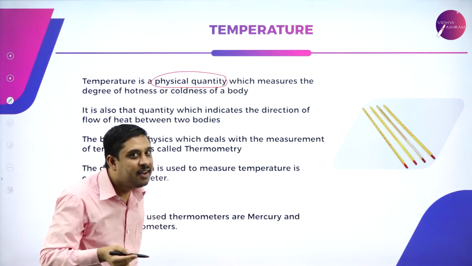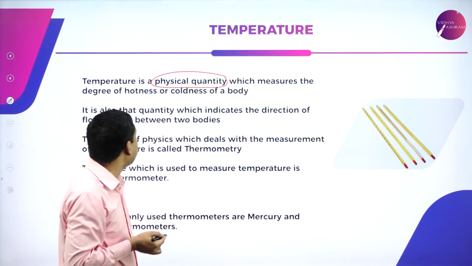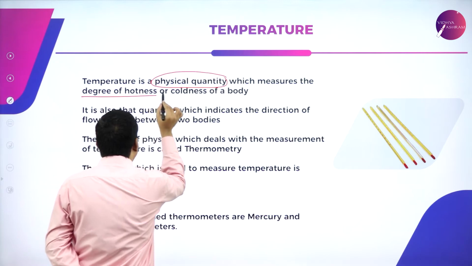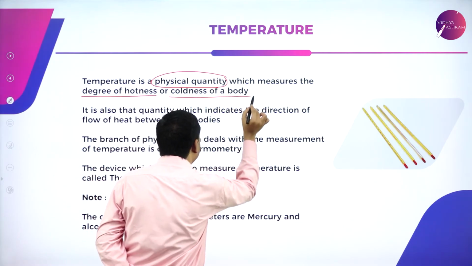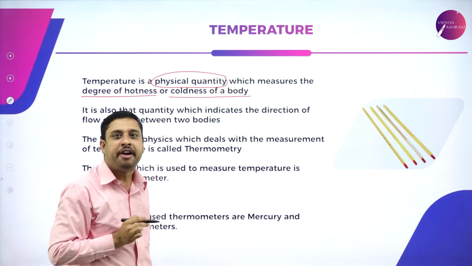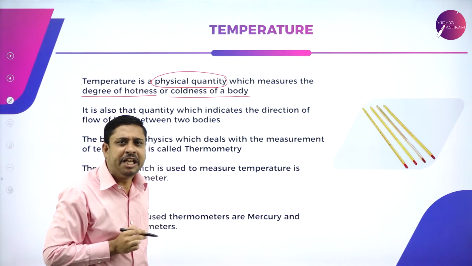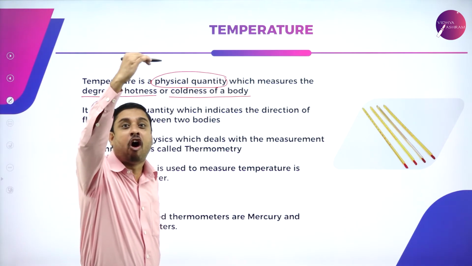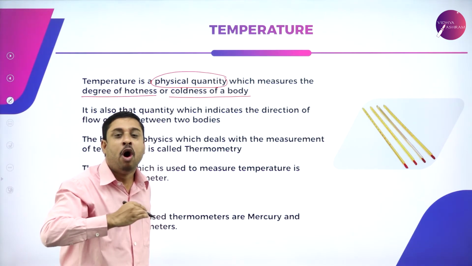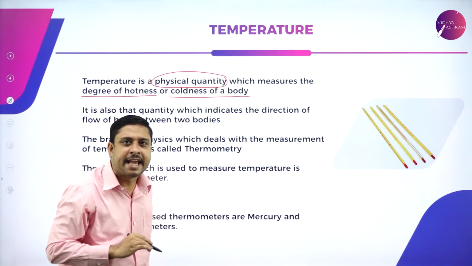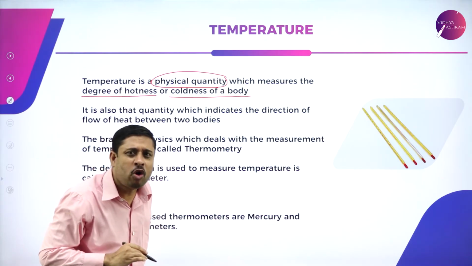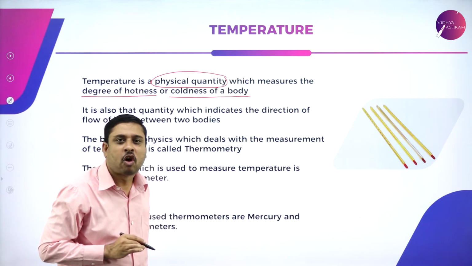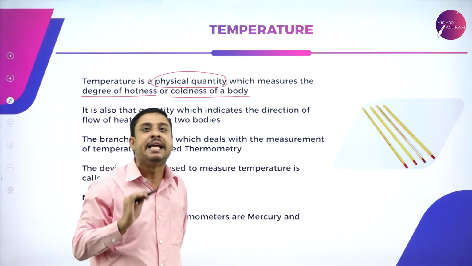Therefore, it is a physical quantity which measures the degree of hotness or coldness of a body, the magnitude of hotness, how hot a given body is, how cold a given body is. That is because of something called temperature.